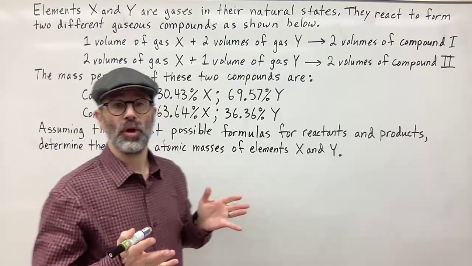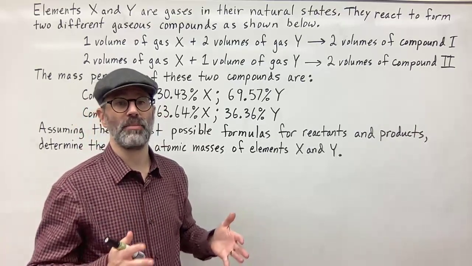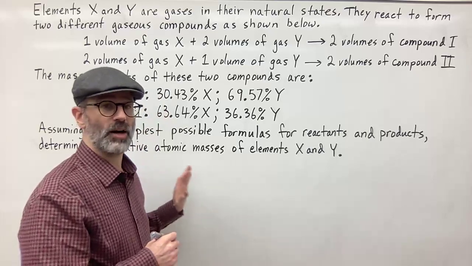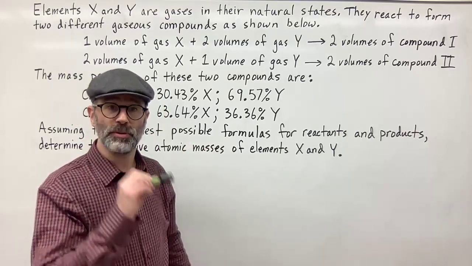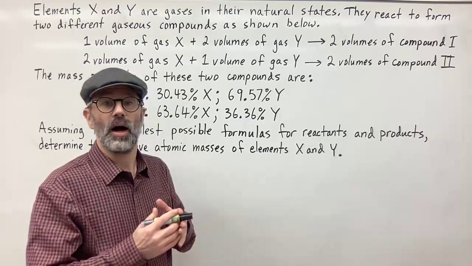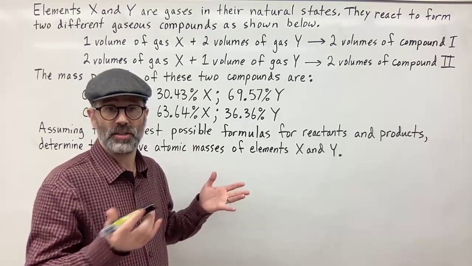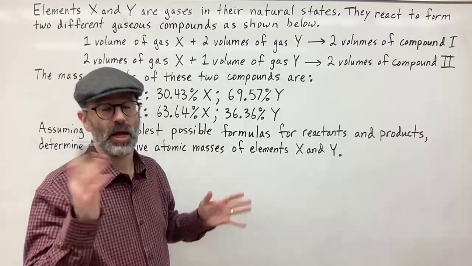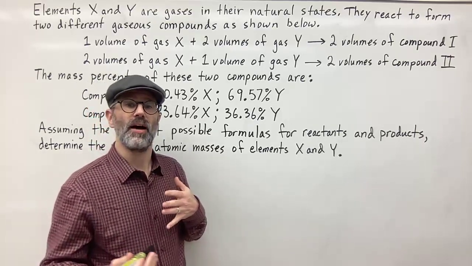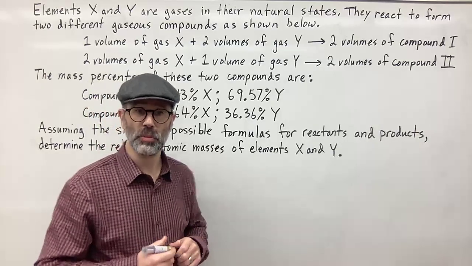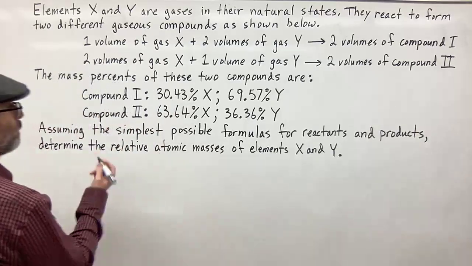That would be an assumption we can't make. So we're going to put letters for the possible subscripts, and then we're going to figure out what those subscripts are. So what do I mean?